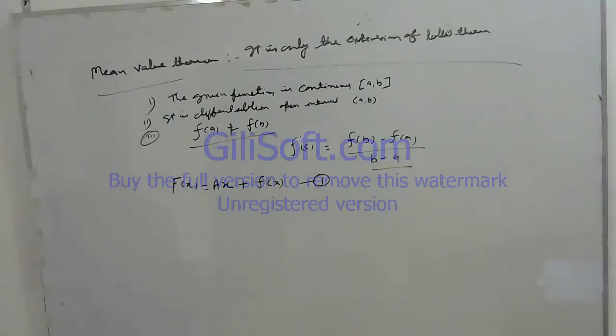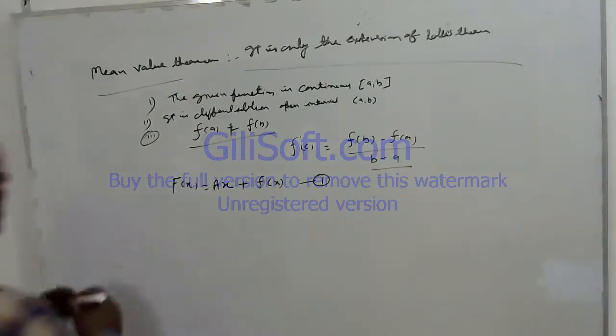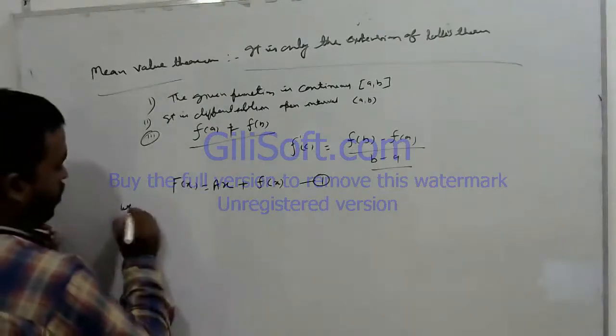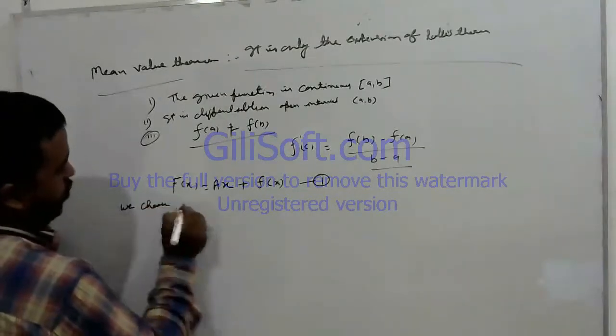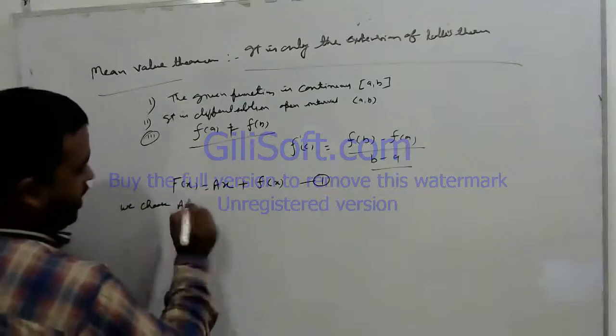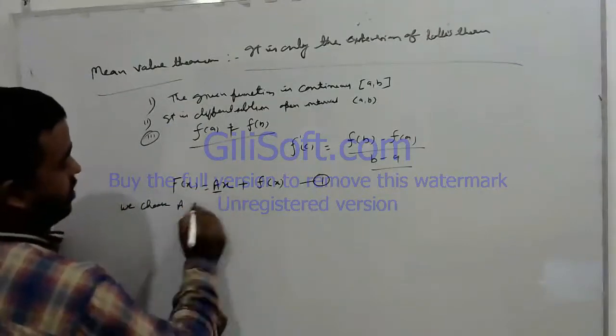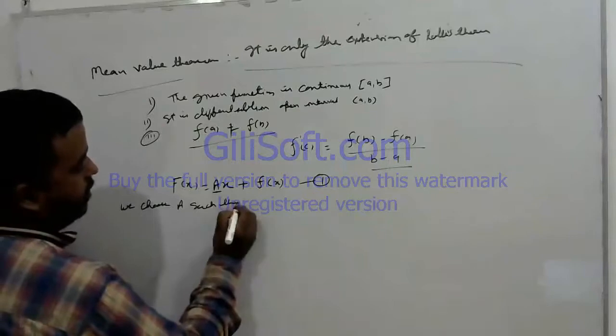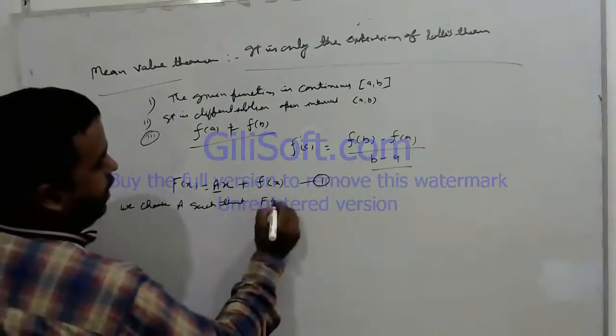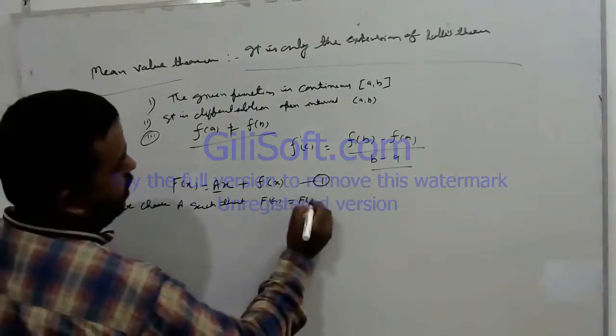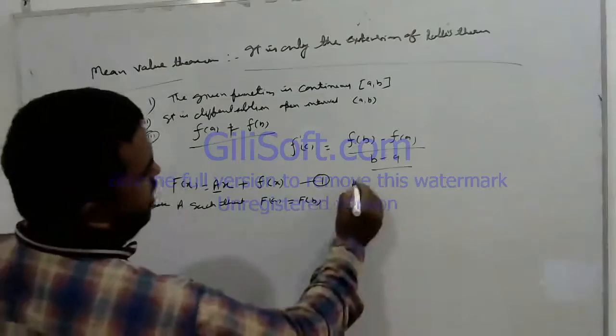Okay. Now one thing more. We choose capital A, this is the constant term, such that f(a) is equal to f(b). Suppose there is the interval a and b.